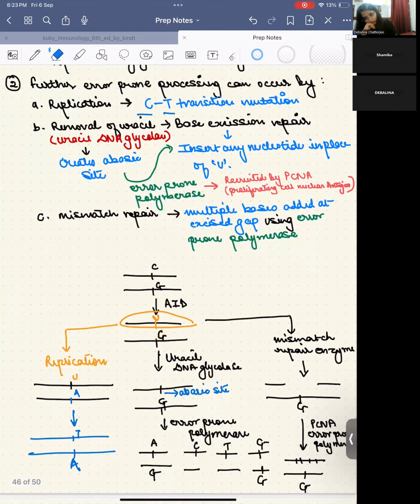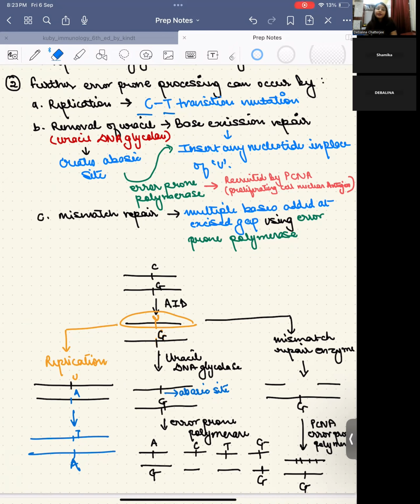If they are acting, then the enzymes which take care of the proper sequencing or nucleotide arrangement should be present on the other strand of the DNA, so that it won't get affected by the activity of this error-prone polymerase. If it gets affected, the body is going to eliminate that cell. They do get affected.